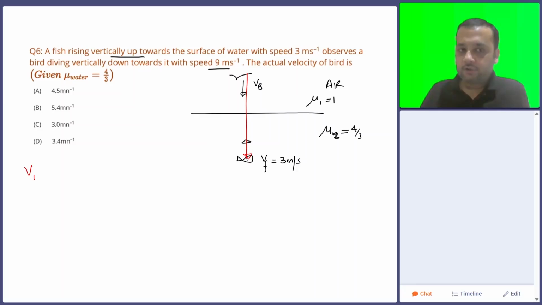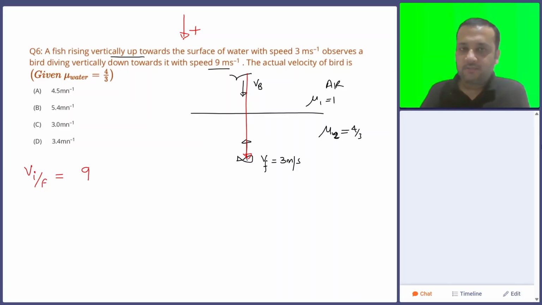So I will say that the velocity of the image with respect to the fish is actually 9 in the downward direction. And here I'm assuming downward as positive because the ray was also coming in the downward direction. So I am assuming the direction of the ray as the positive direction. Again, the fish was actually observing the image of the bird, which it thought to be the bird. So the fish feels that the bird is coming down at 9.